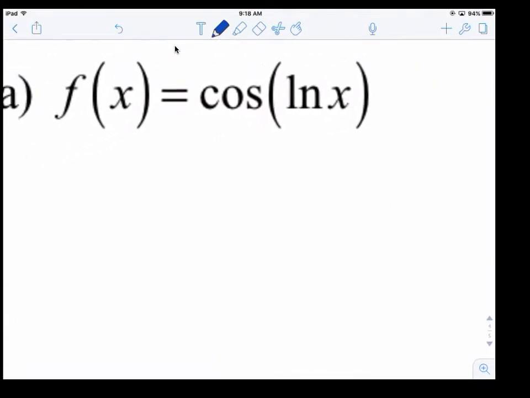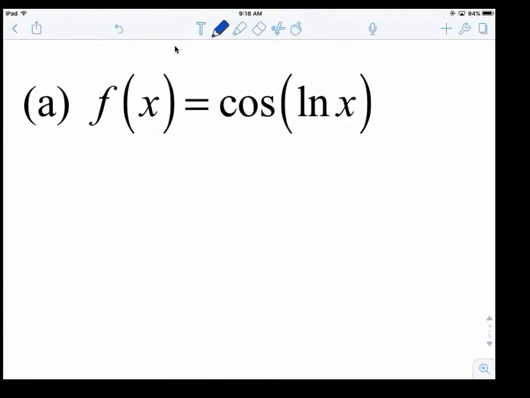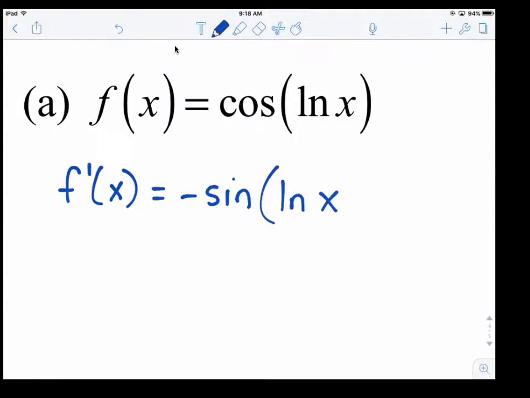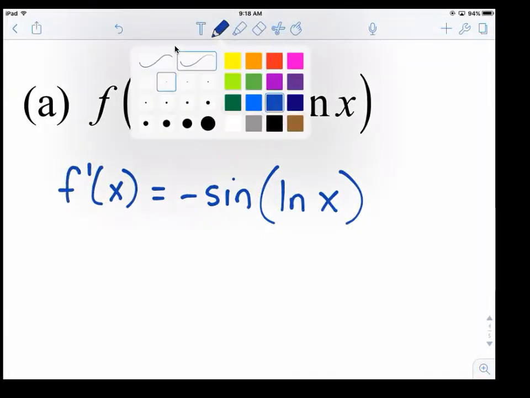Okay. So you have the cosine of ln of x, finding the derivative now. All right, so you want to work outside in. So the derivative of cosine would be, all right, keep the inside the same.